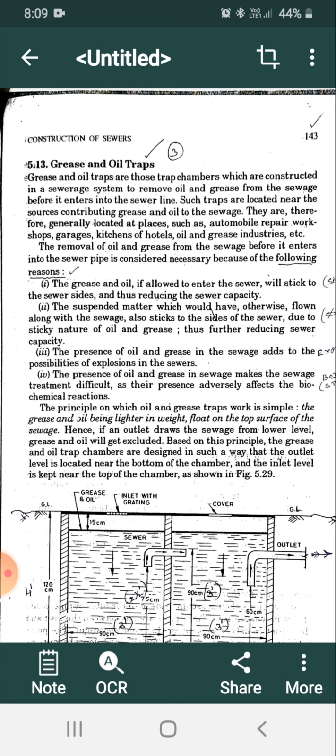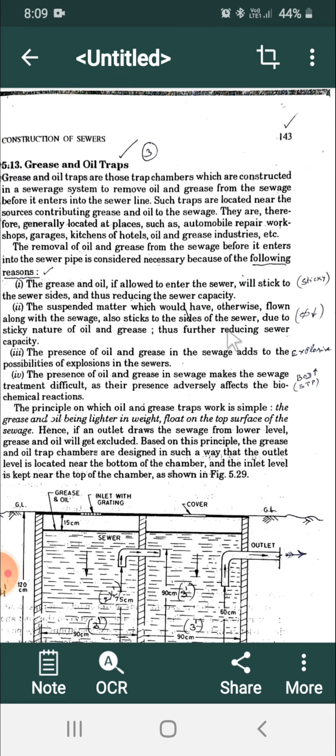Then the diameter size will be reduced, the size of the pipeline will be reduced. Automatically what happens? It will create a problem inside. So it reduces the sewer capacity.